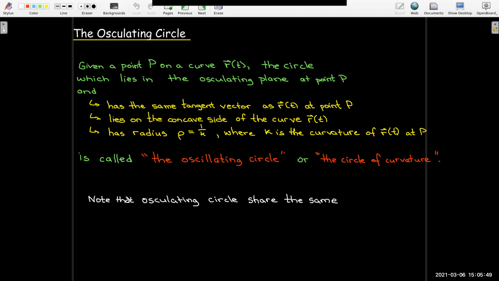So again, the osculating circle and the original curve share the same tangent line and the curvature at point P.